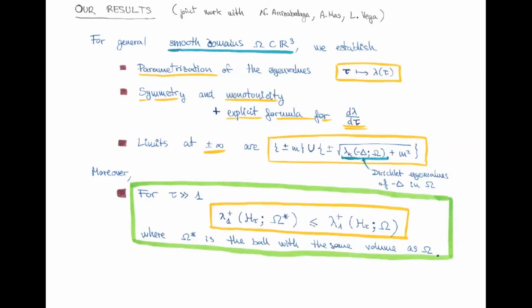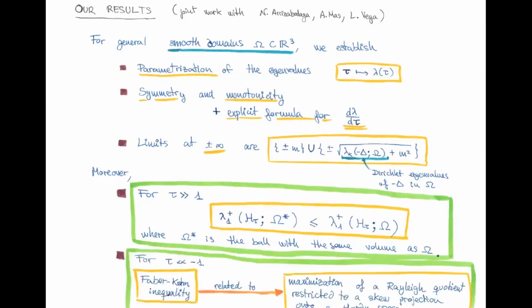Okay, and then this is at the limit plus infinity, and then we are also able to say some partial results at the other limit, in which we are able to relate this kind of Faber-Krahn inequality with the maximization of a Rayleigh quotient that I'm going to show you in a second, which involves some integral operators in the boundary of the domain.